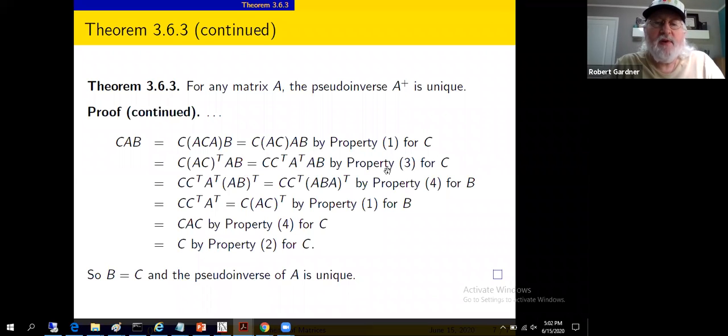That's what's being justified. Okay. Hey, if we've got A times a pseudo inverse, that's symmetric as well. So we can put a transpose on the AB. AB is symmetric. A pseudo inverse of A is symmetric. So we can put a transpose on there. First part remains the same.